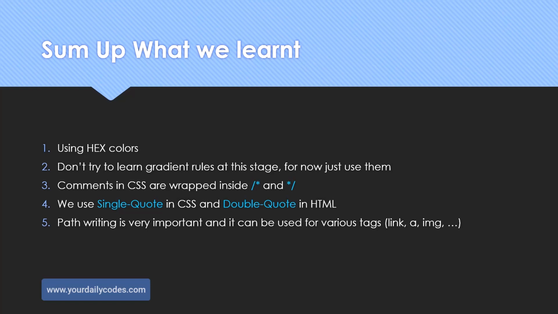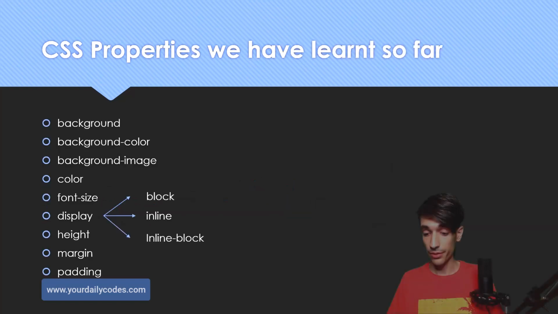Or the img tag is something that we will see in future, that in img tags, for example, let's imagine that we want to use an image in our project. So we need to specify the path into the browser in order to find and locate that image that we want to use. So this path writing is very important, and will be used for different things.